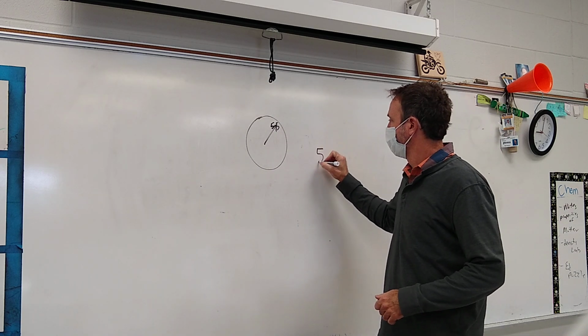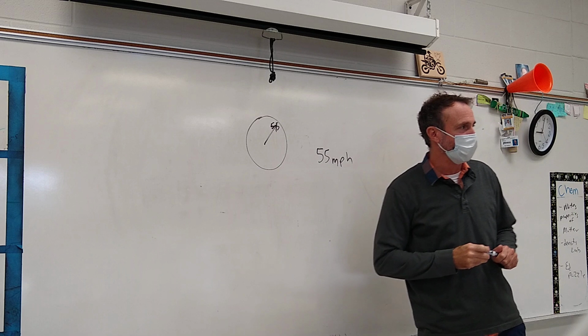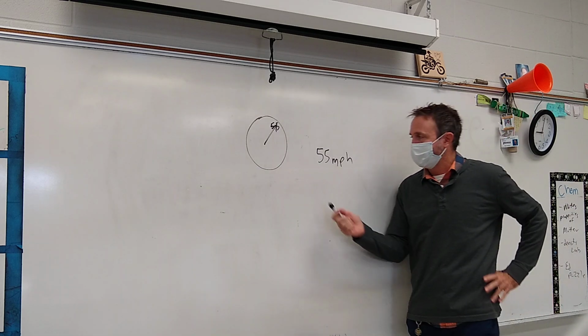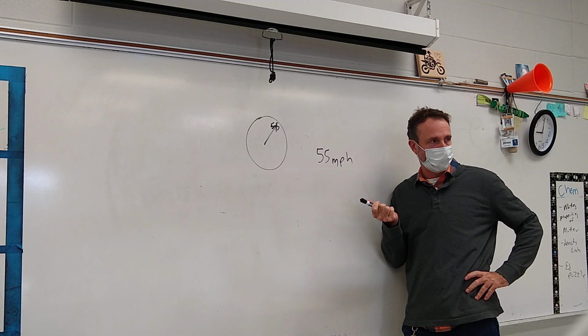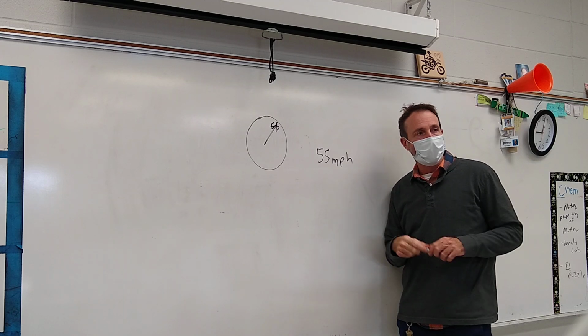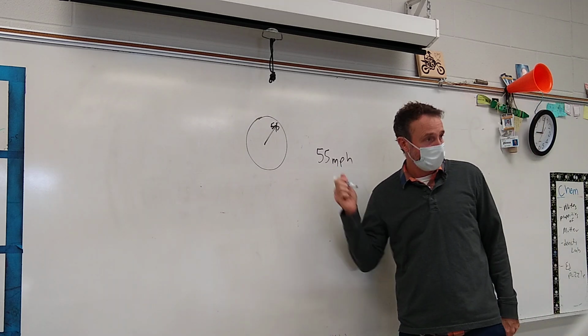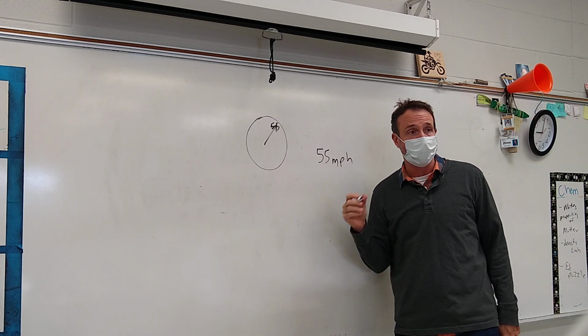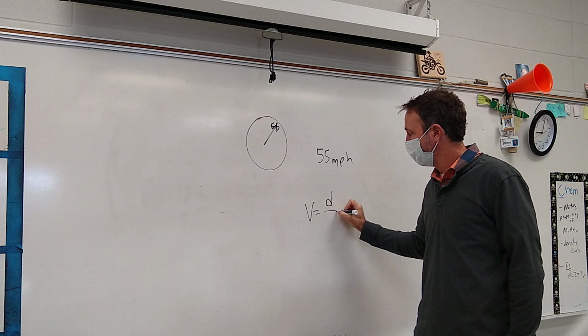And miles per hour are garbage as far as we're concerned because we use the metric system, right? But I'm just making a point that you've heard this term 55 miles per hour your whole life. Now, if you look at the formula for velocity, it's given to you in the statement 55 miles per hour. Velocity is equal to distance over time.